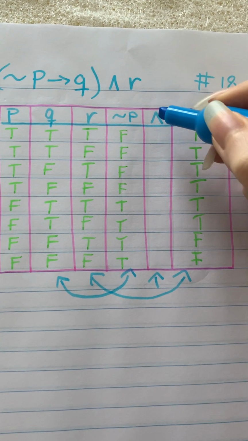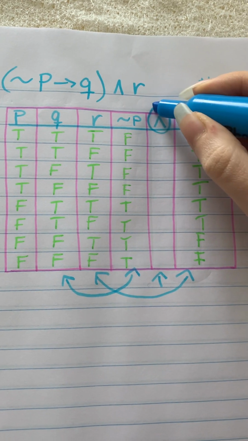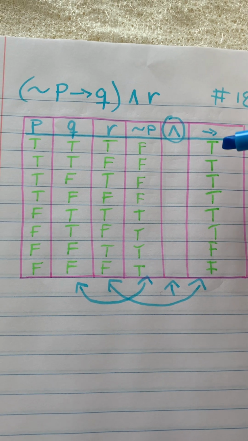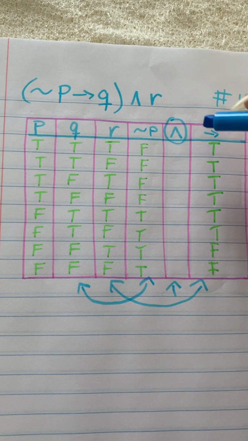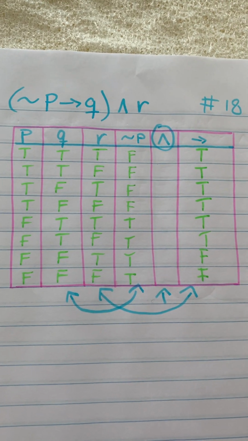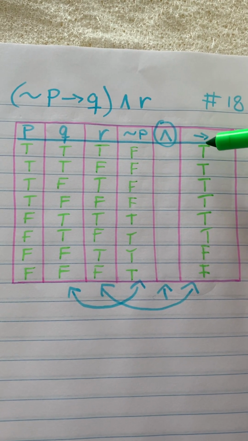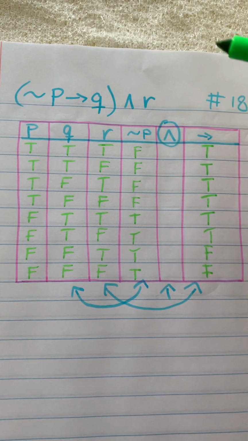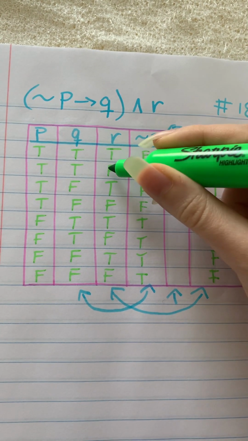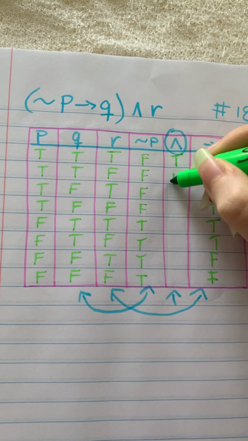With the rule of what we see here, which is AND, the rule is that it's always going to be false except when both of them are true. When both of them are true, it's going to be true. So in this case, true, true, it's going to be true. True, false, it is going to be false.